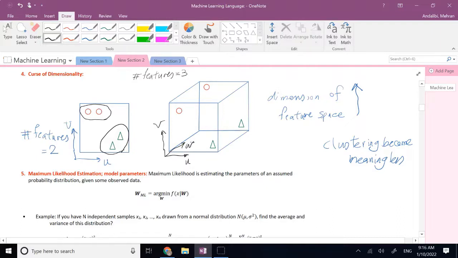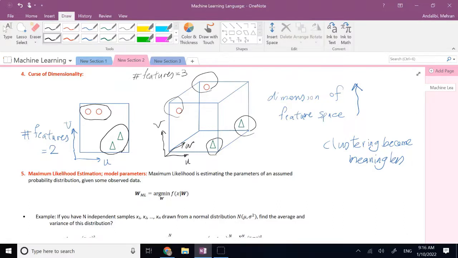Now, what I can have is these two circles do not need to be on the top of each other or next to each other. One of them could be on this corner, one of them could be on the other corner. When I look at it in the W direction, it looks very similar to this. Similarly, if I look at the triangles, one of them could be this corner, one of them could be this corner. So now, how many clusters do I have?